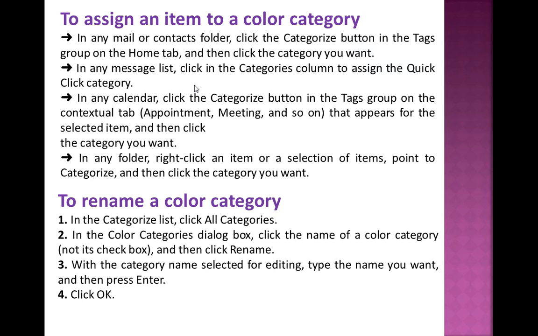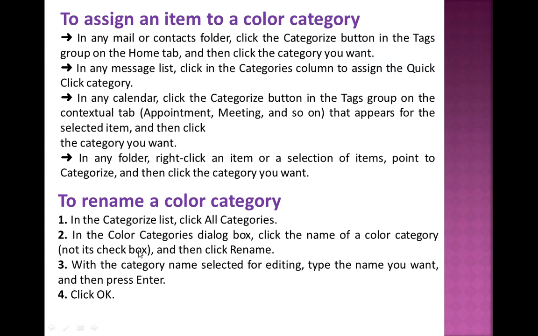In any calendar, click the Categorize button in the Tags group so that it appears for a selected item, and then click the category that you want. Or in any folder, right click a selection of items, point to Categorize, and then click the category you want. It means you can choose the color combination for the item that you want in Outlook 2010.